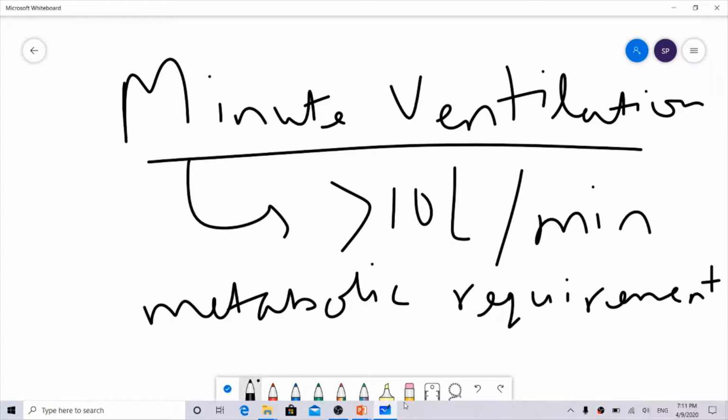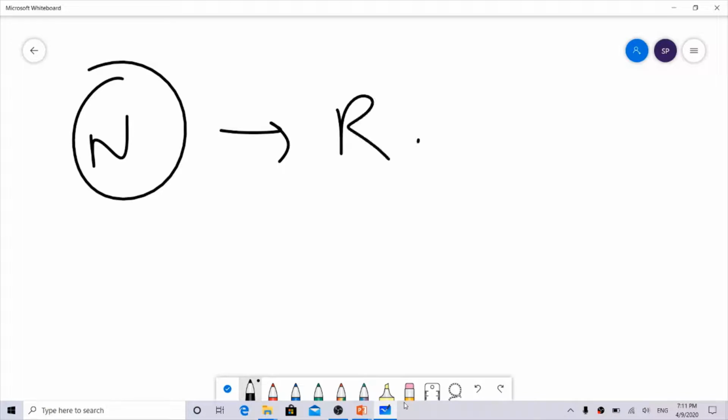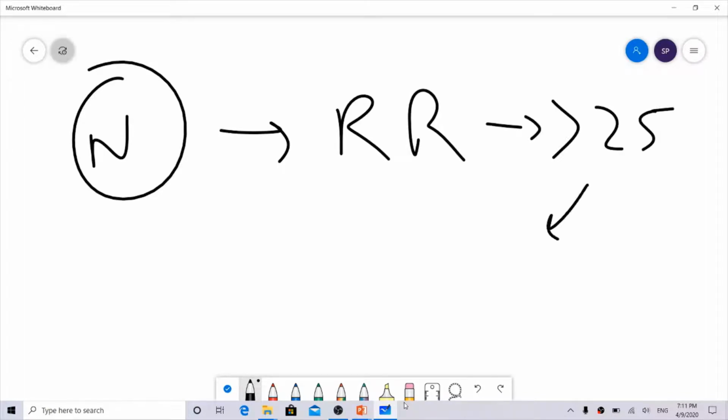That could be because of any reason. It could be that the body is compensating, or for any other reason, his or her metabolic requirements are high. So when you wean these patients off, they'll be doing very rapid and shallow breathing, which again is not a good sign. And one more thing: if the patient's respiratory rate is more than 25, then again that's a sign that this patient is not a very good candidate for weaning.